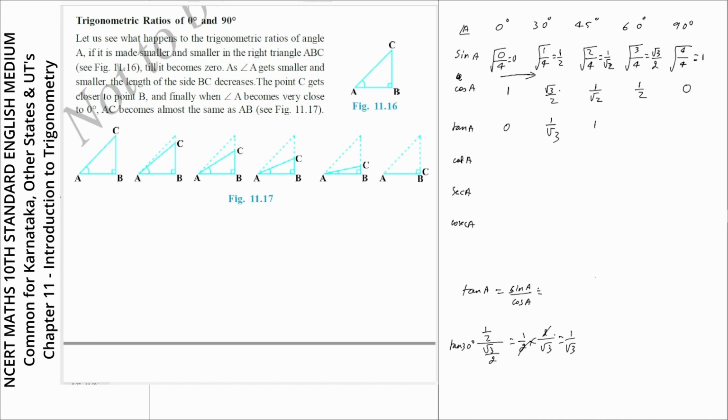Tan of 60 is sin of 60 divided by cos of 60, root 3 by 2 by 1 by 2. So this is equal to root 3 by 2 into 2 by 1. So 2 will get cancelled, I will get root 3. Now tan of 90 degree. So here 1 divided by 0, I will get not defined.